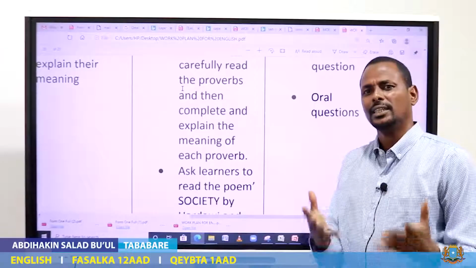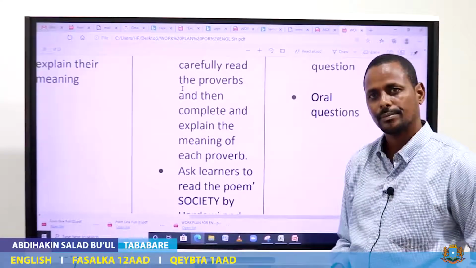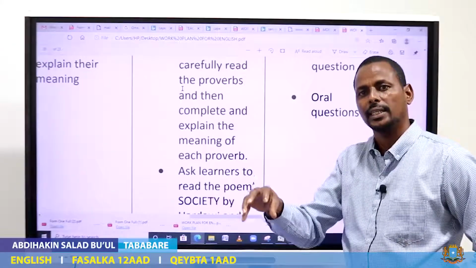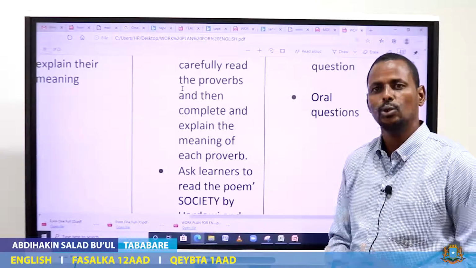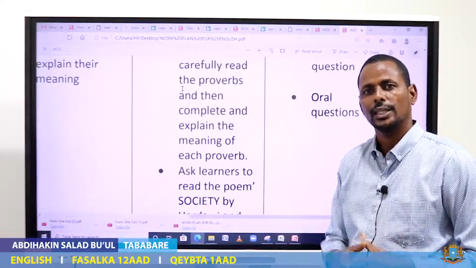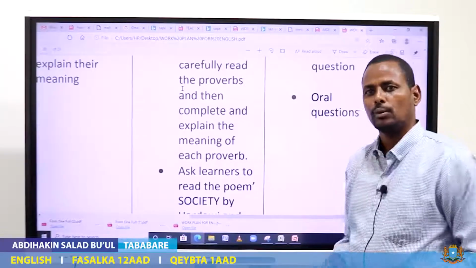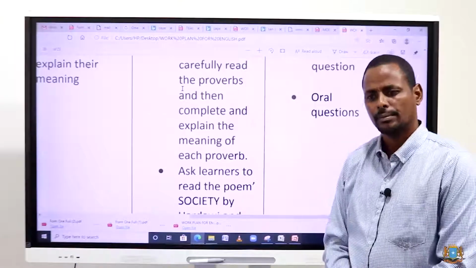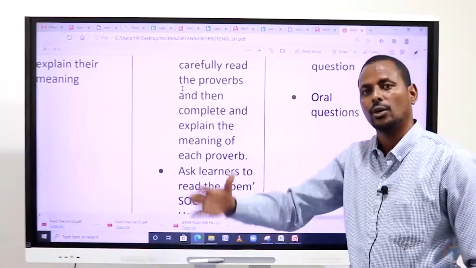But does it end there? There is the deeper meaning. This is a proverb that is explaining the importance of unity. Unity is strength, the deeper meaning. What does the student gain from understanding of proverbs in terms of language, besides the oral literature?